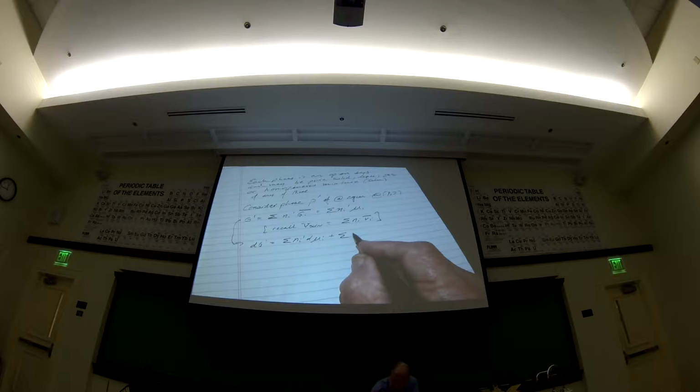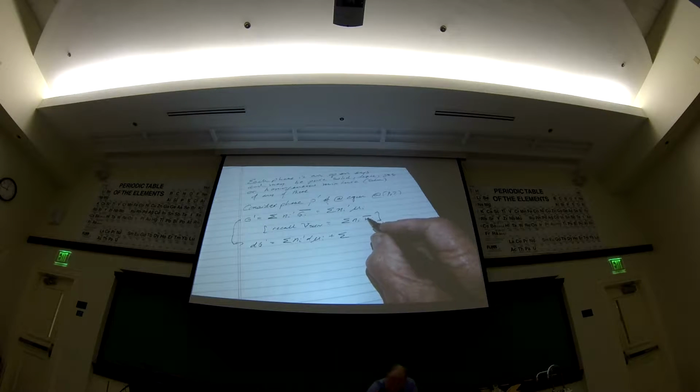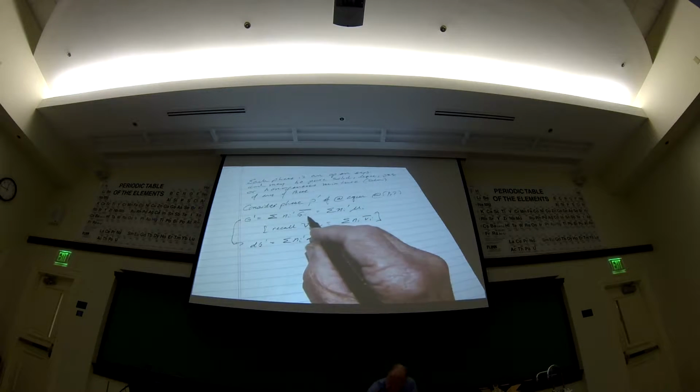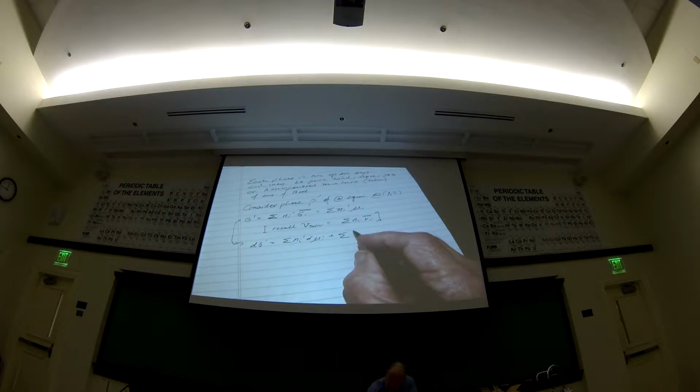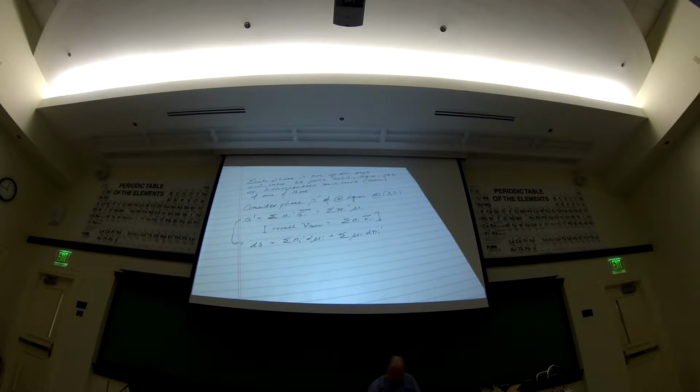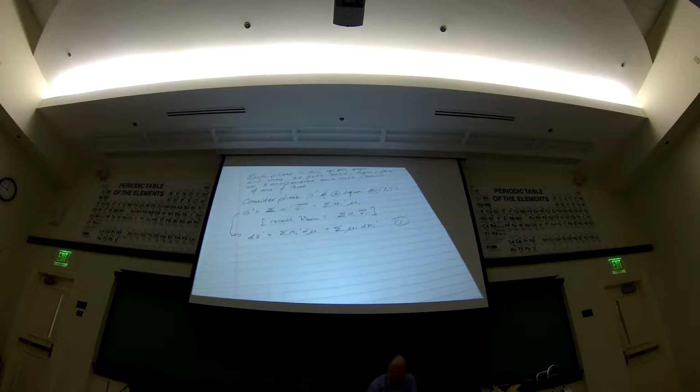Plus the summation of mu i times dNi prime. And I call that equation one.